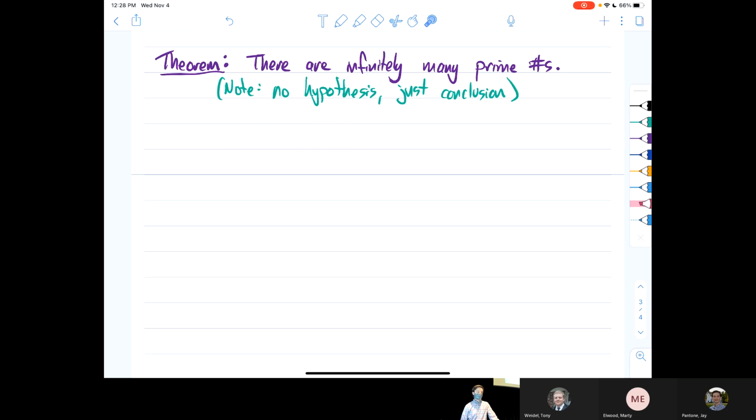So what this means is that when we're doing a proof by contradiction for this, we don't assume the hypothesis is true because there's nothing to assume. We just jump right to assuming the conclusion is false and try to work towards a logical contradiction. Any questions before we get started?